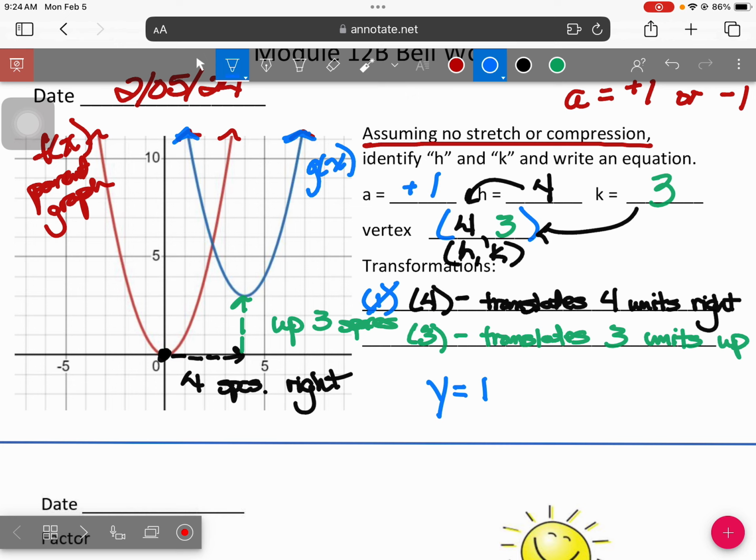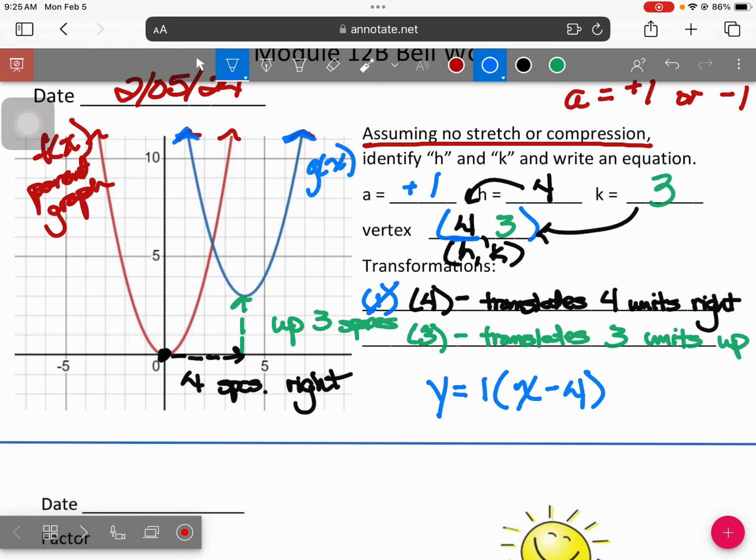If it's a quadratic, we're going to write this in vertex form because we have the vertex. So parentheses, x. Now this x, I'm looking at my h value here. I have a positive 4. Minus 4. That's right. Opposite. So if that is a positive 4, it has to be minus 4 in my parentheses.